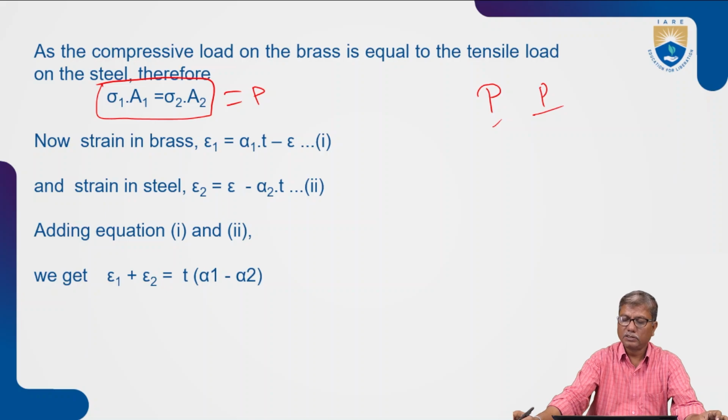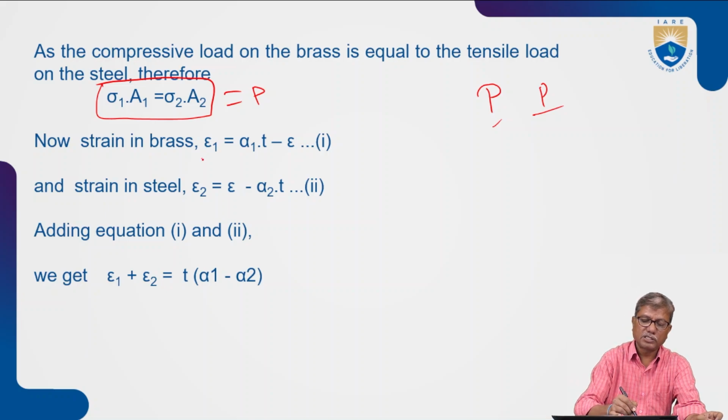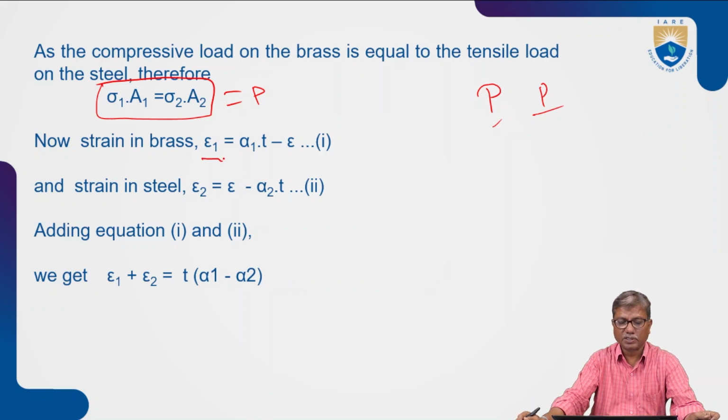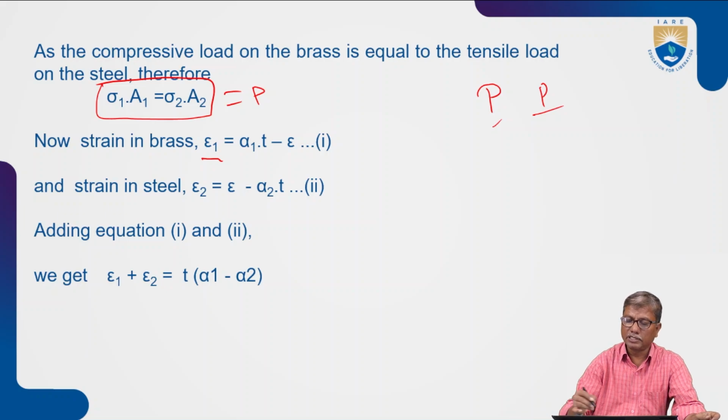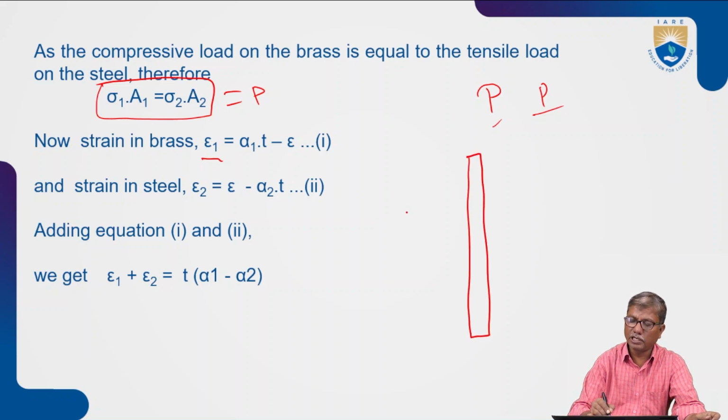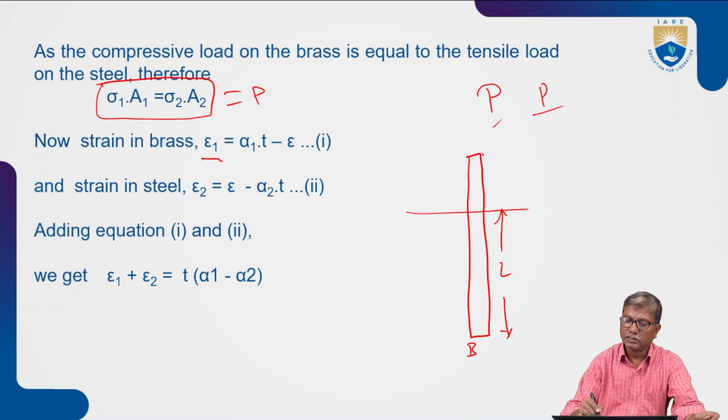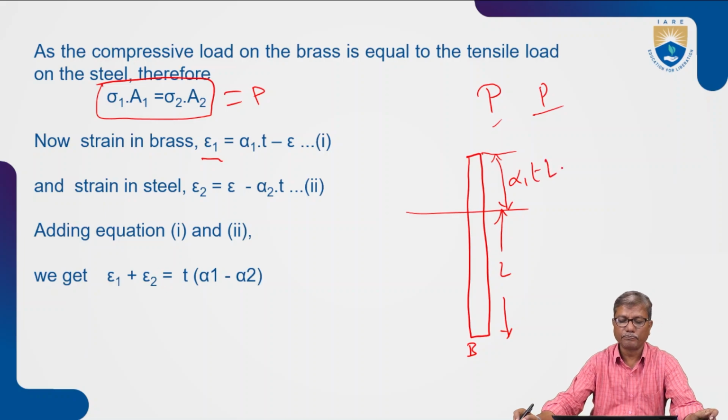Now, what is the strain in brass bar? What is the free expansion of brass beyond its initial length L? This is brass bar, say. Beyond its initial length L, it expands freely by alpha TL. So what will be the strain?